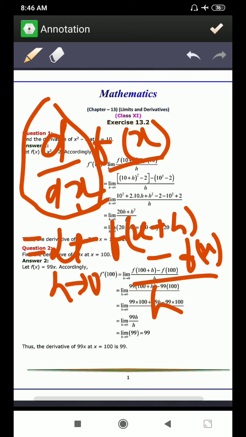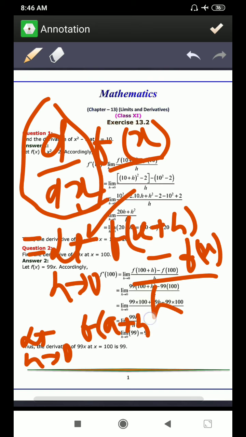Suppose you want to calculate the derivative at a particular point A. So what to do? In this expression, you will replace x by A, so our formula will be limit h tends to 0 of f(A plus h) minus f(A) divided by h.